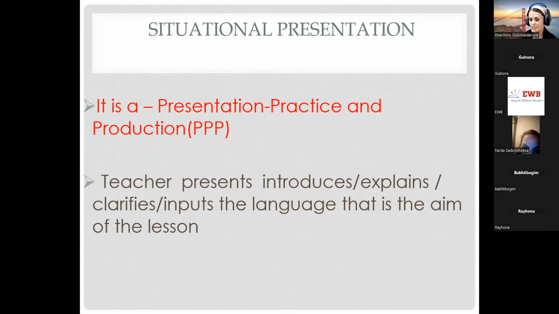A teacher presents or introduces, explains, clarifies, or improves the language that is the aim of the lesson. So a teacher should design a text or a context that refers to the aim of the lesson. And also it should be fun or interesting for the students.